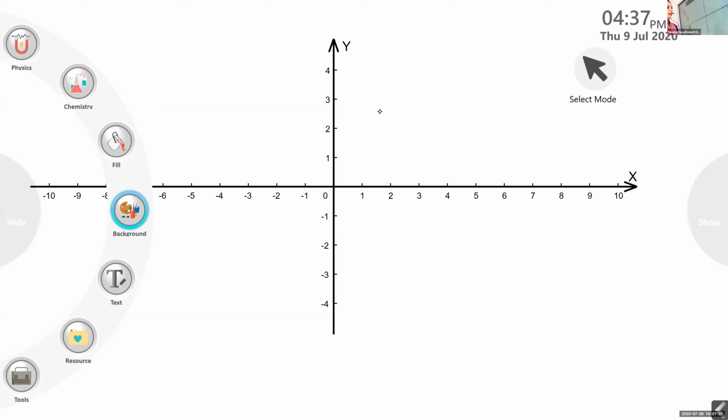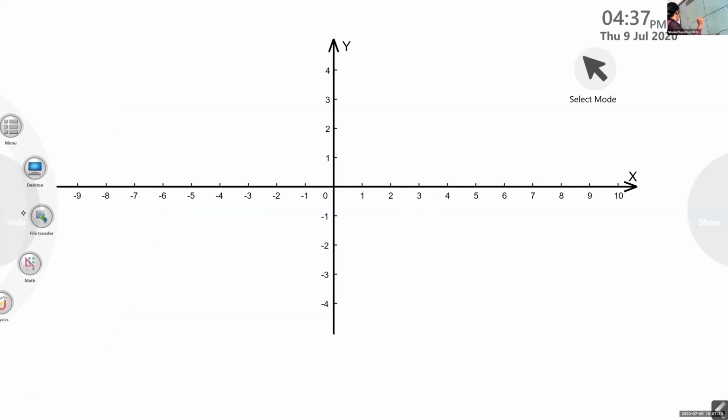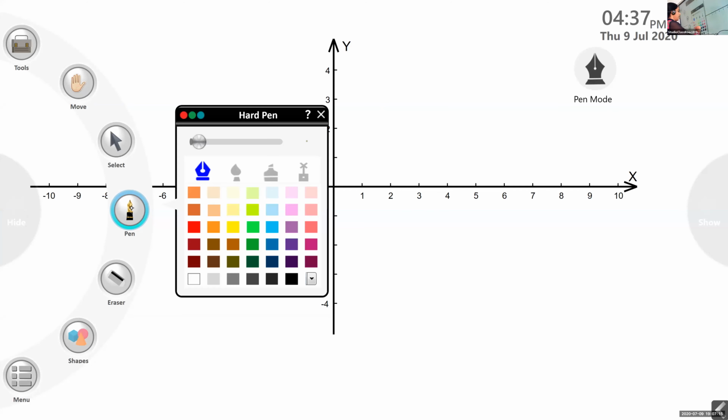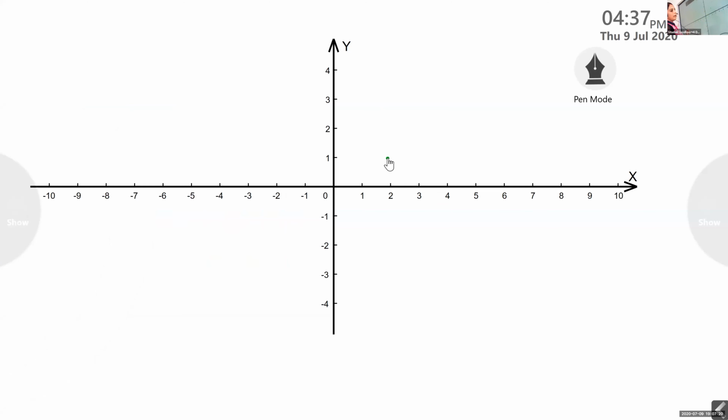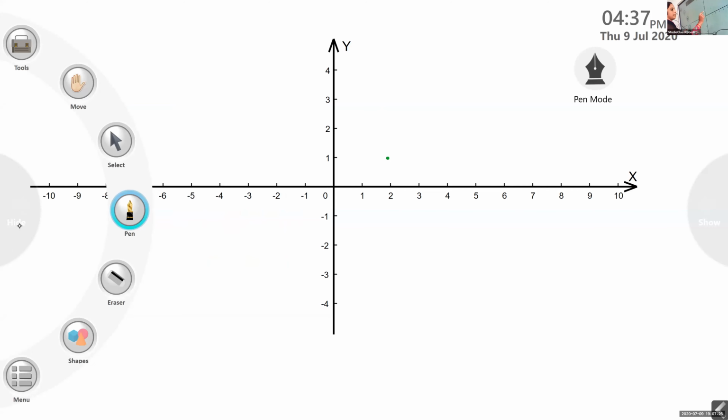Now listen. This is a point. How to locate that point?